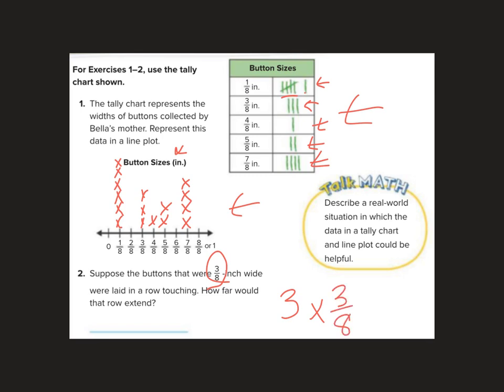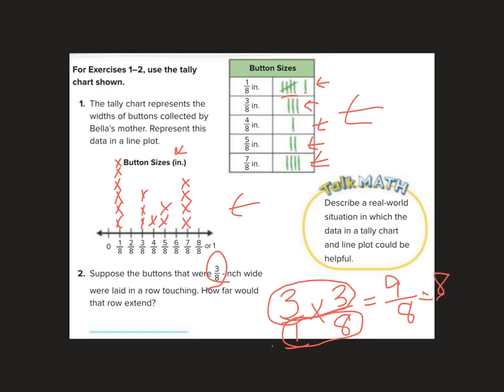So remember when we're multiplying a whole number by a fraction, we put the whole number over 1. We multiply numerators. 3 times 3 is 9. Multiply denominators. 1 times 8 is 8. 9 over 8 is an improper fraction. So what I need to do is I can either do top divided by the bottom, or I could break it apart.